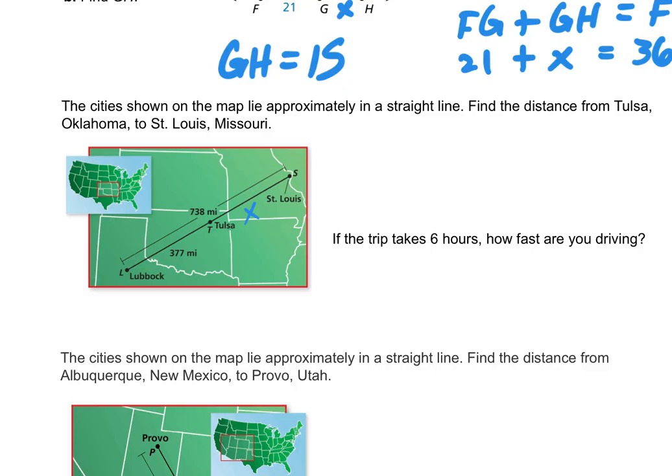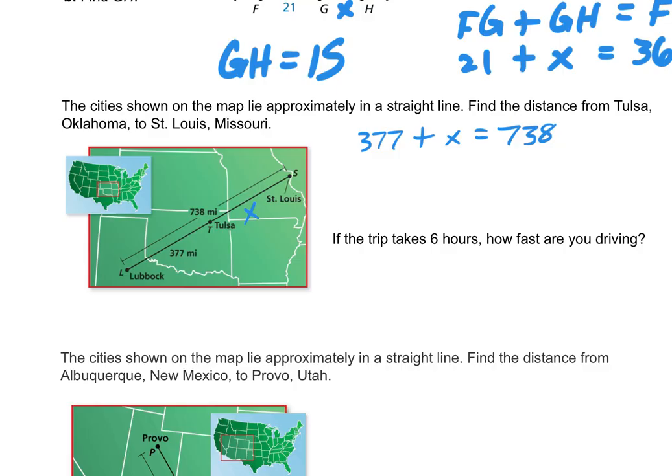Okay, so that little piece right there is the piece I'm going to label with X. So we're going to say 377 plus X equals the total distance of our trip, 738. If I want to get X by itself, same thing as we did on the last one, it's just a little bit bigger numbers, okay?